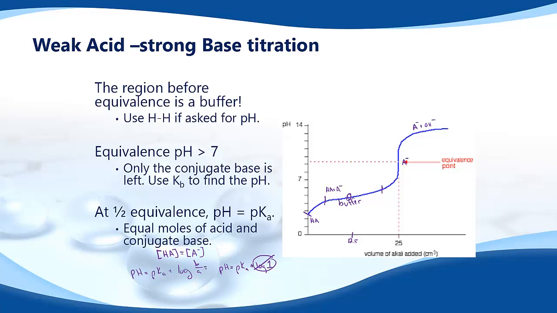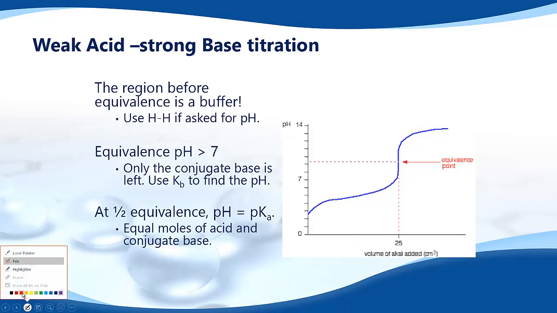Right, so this is working with a weak acid and a strong base. If you were working with a strong acid and a weak base, this graph would look kind of opposite. I'm actually going to change my color here.